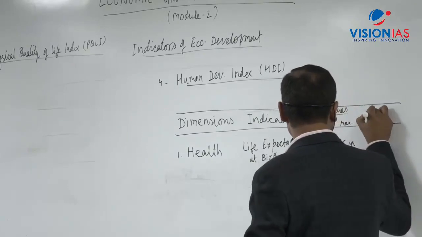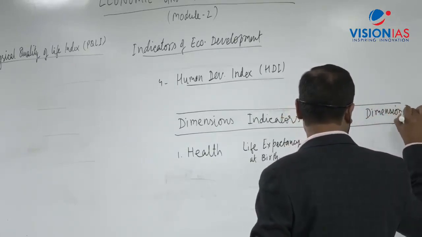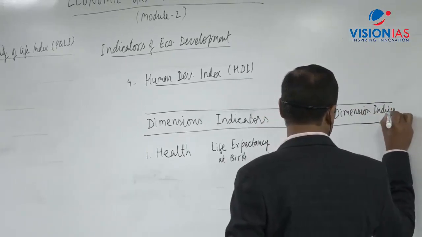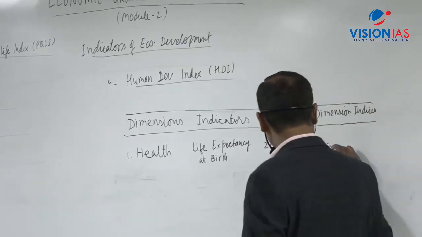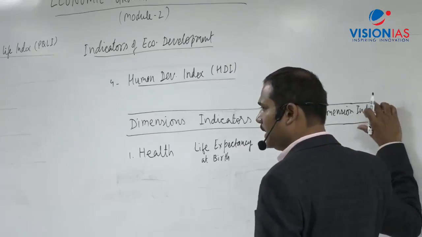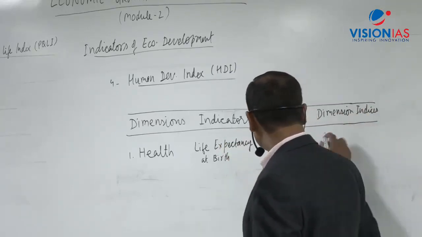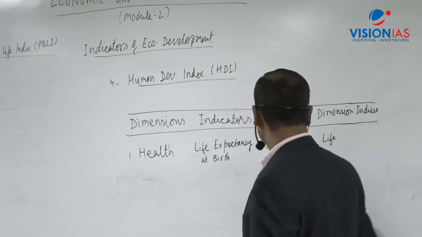And finally dimension indices. The name dimension indices, indices is the plural of index. So there is an index for each dimension. So the index for this dimension is called the life expectancy index because it is based on life expectancy.